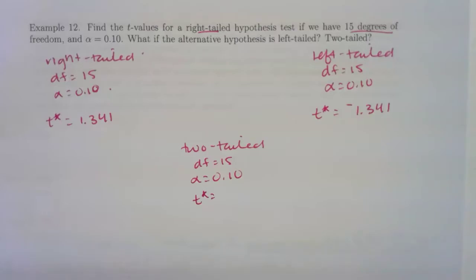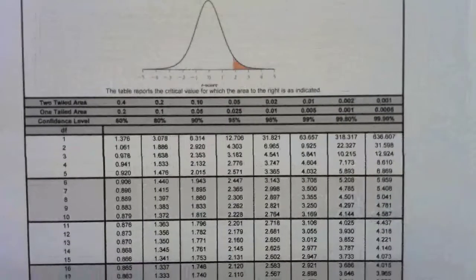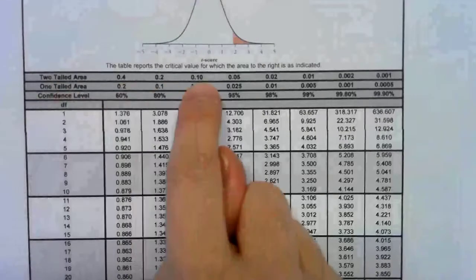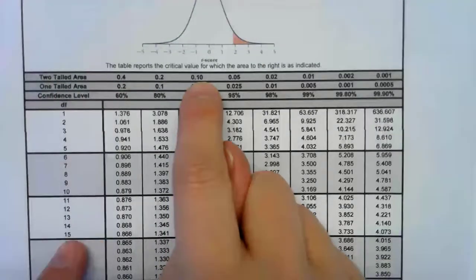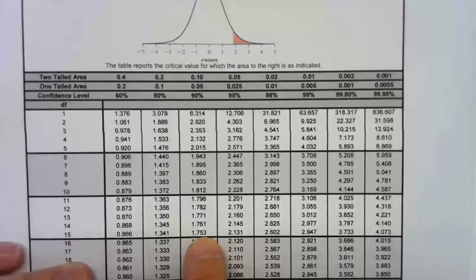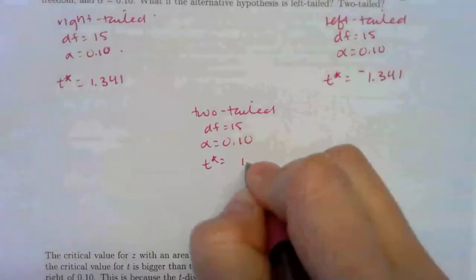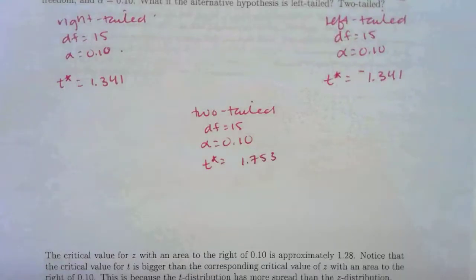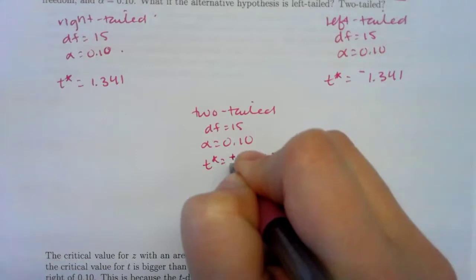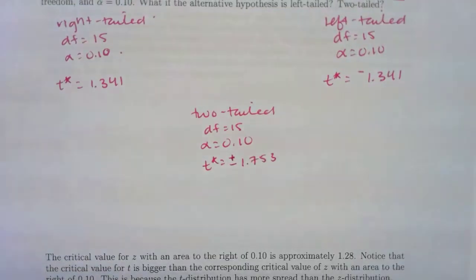A two-tailed test moves you to a different row. So two-tailed, alpha is 0.1, 15 degrees of freedom. Now instead of 1.341, we've moved over to 1.753. But again, it's two-tailed, so we need this as a positive and a negative.